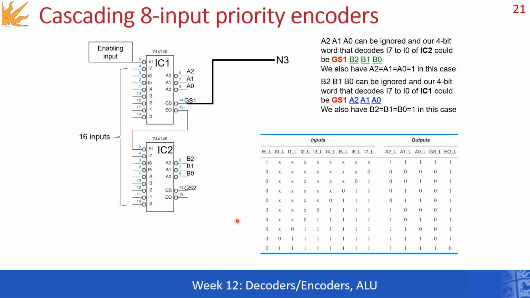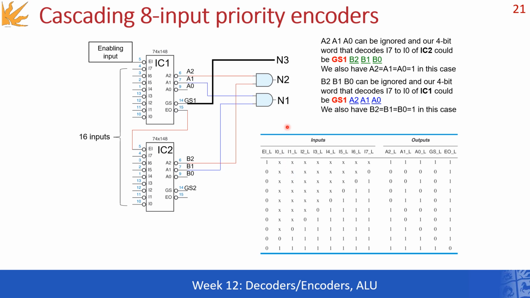Another thing that is worth noting is that the group select over here is going to be the most significant bit to be outputted from this 16-bit priority encoder. Then this is how you get the second bit, by using an AND between A2 and B2 from here, from both priority encoders.